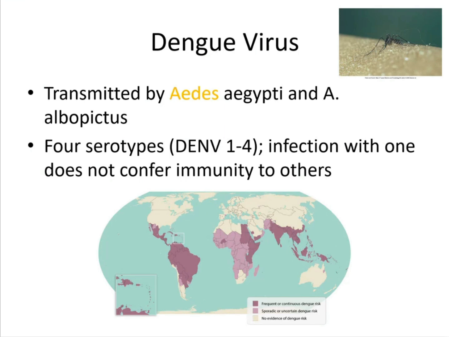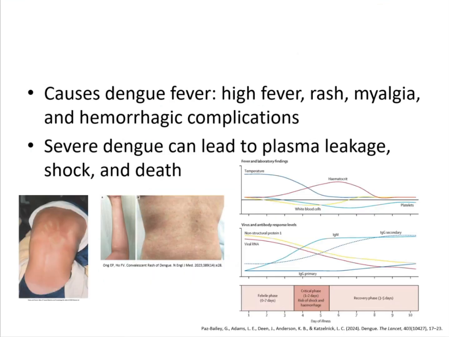Also, you can get issues with an adverse immune response if you get infected by one serotype and then you get infected by another, antibody-dependent enhancement. This is the map of endemicity, tropics, subtropics, and then clinical presentation.